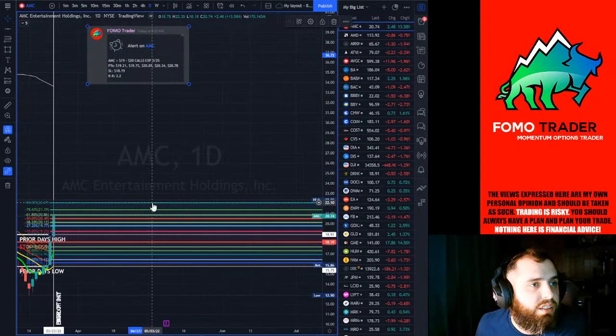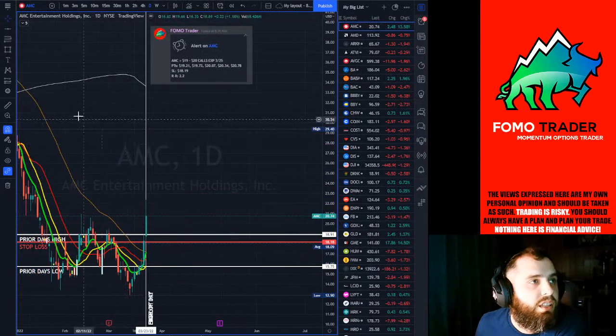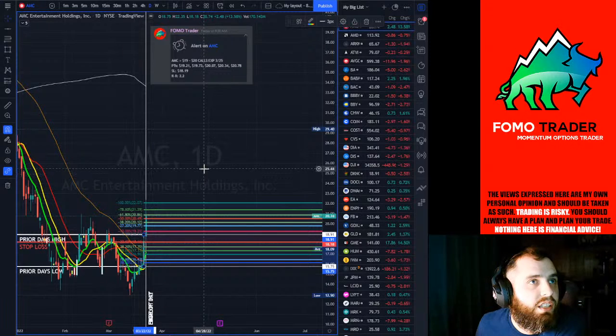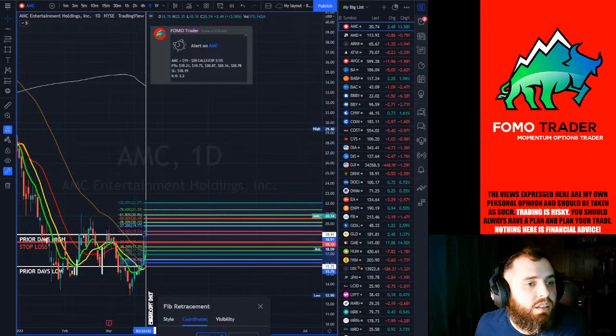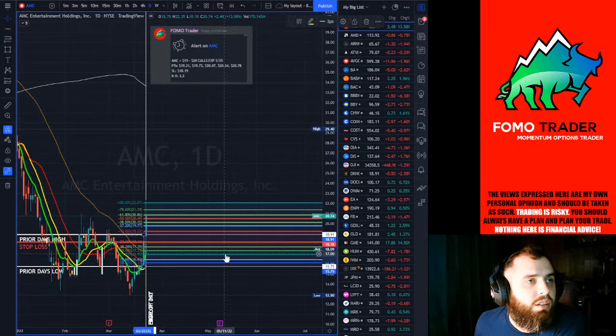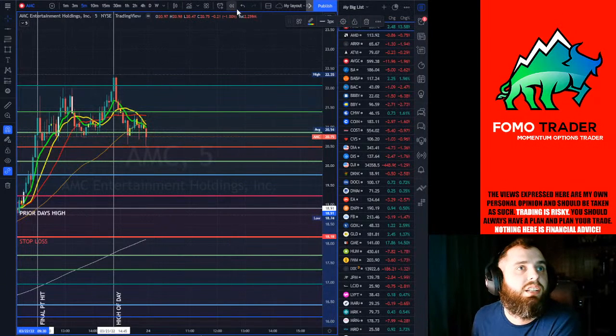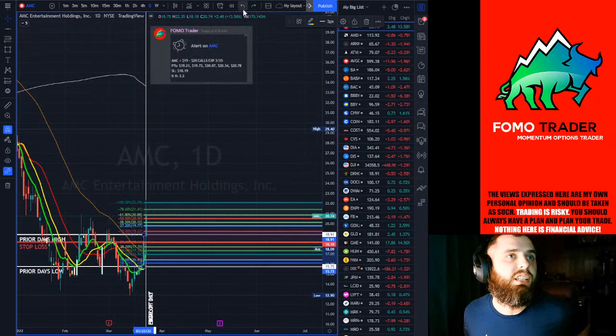Let me get rid of this and draw the fib from the low to the high. Anyway, they're only off by a couple of pennies, so my drawing must not have been exactly where it should have been.